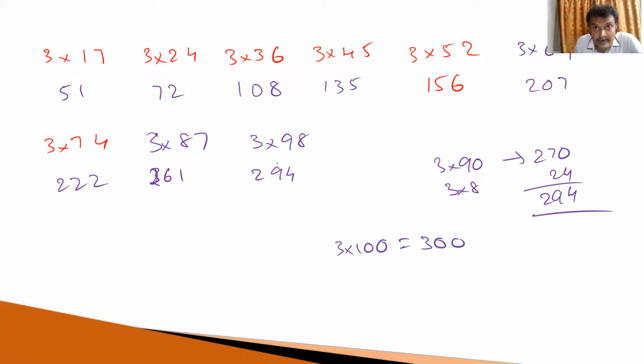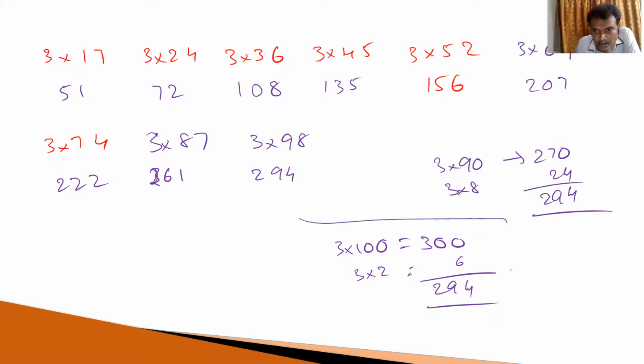What we required is 98 only. So just subtract 2 times of 3 from this number. So 294 is the required answer. Either you go this way or that way. Suppose this number is either 8 or 9, just go through this technique. Initially it's a little bit difficult, but do practice well.